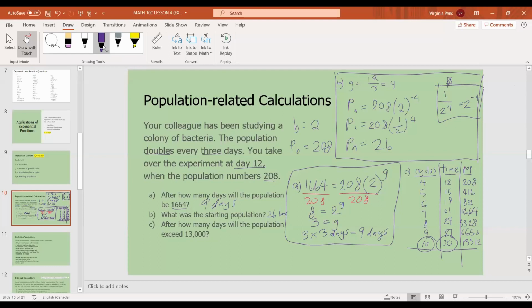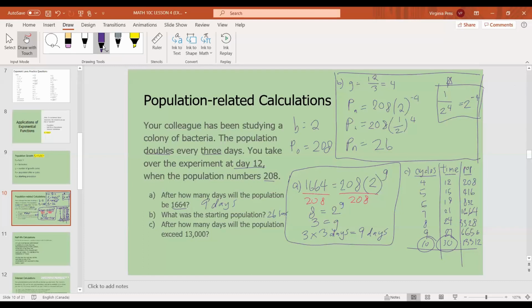So 30 days from the first ever, from day 1, you finally exceeded 13,000. So is our answer 30 then? Well, not quite, because if we read the question again, it says, after how many days will the population exceed 13,000?